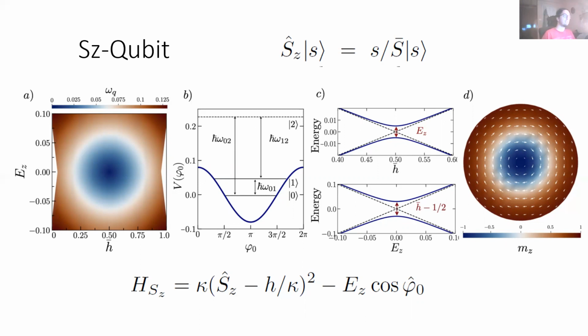So as you can see at the C section, degeneracy can be lifted by each of these parameters. This basically means we can tune this qubit by using electric field and magnetic field gradient.